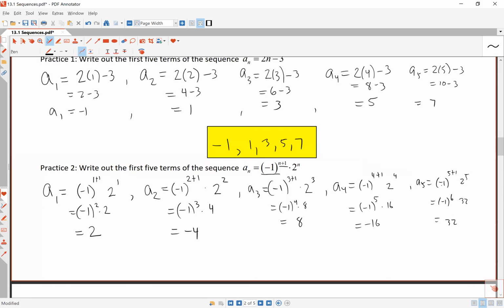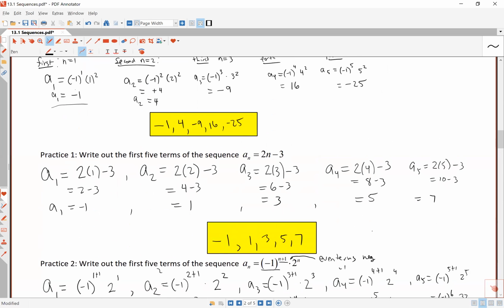So we say that the negative 1 to the n plus 1, this makes the first term positive and the second term negative. So that makes the even terms, 2, 4, 6, negative.